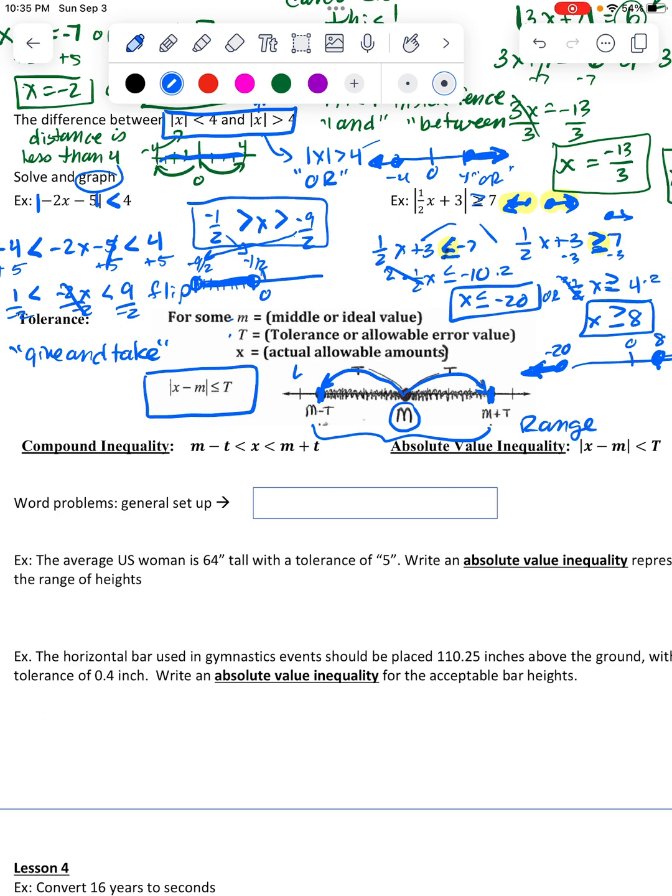So this would be the low end, and this would be the high end of that buffer. And then smack dab in the middle is that average value. If you look at this symbol, this is less than or equal to. And so you have to stay inside the fence. So that's going to be an and problem or a compound inequality that looks like this. It's going to be the between situation.